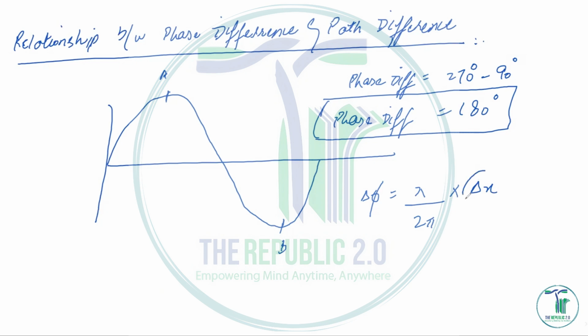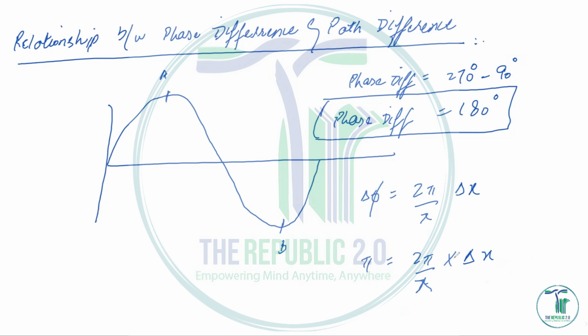So if you're looking for the path difference and you've already got the phase difference, which is 180 degrees, in radians it is going to be pi. So delta phi is pi, equals 2 pi divided by lambda times delta x.